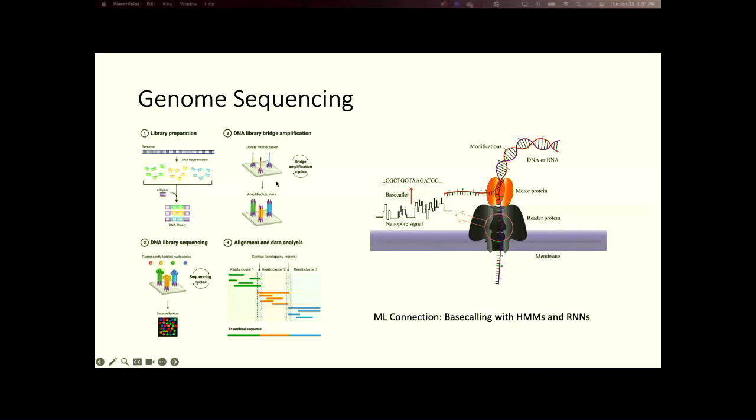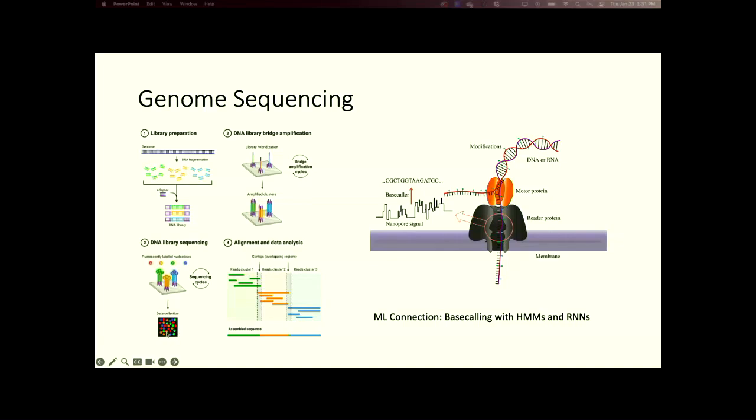Because what happens is we do this bridge amplification process, and for every attached piece of DNA to this glass plate, we have a different fluorescent binder that chemically binds to nucleotides, and then for each vertical location, we take a picture of it and look at the fluorescent color.